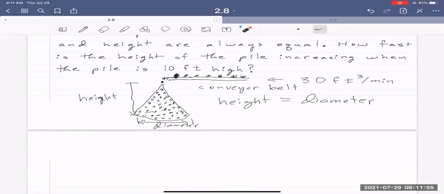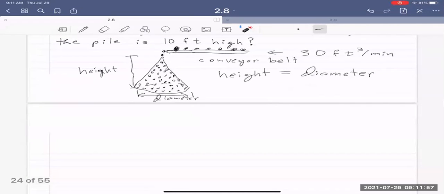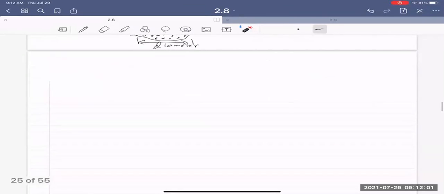Okay, so let me redraw this. Let's first recall the volume of a cone.